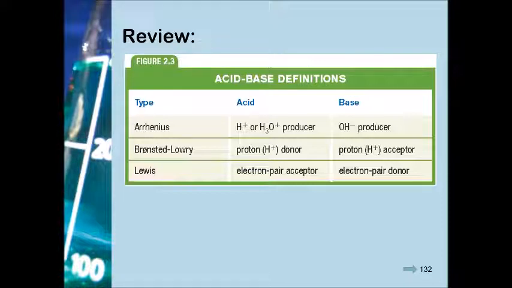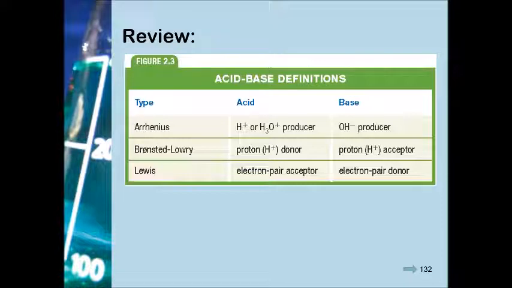In a Bronsted-Lowry definition, which is a bit broader, it has to do with protons. And an acid was a proton donor. Remember, the H in the acid is the proton. And then the proton acceptor was the base. Whatever substance that hydrogen ion attached to was now the base.